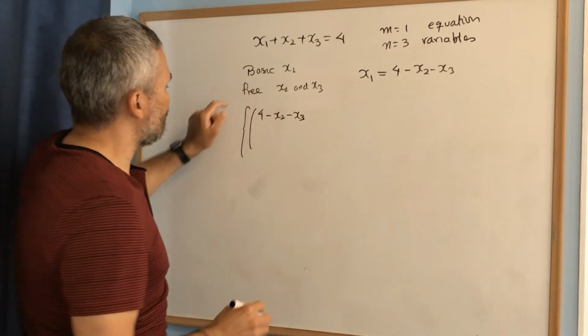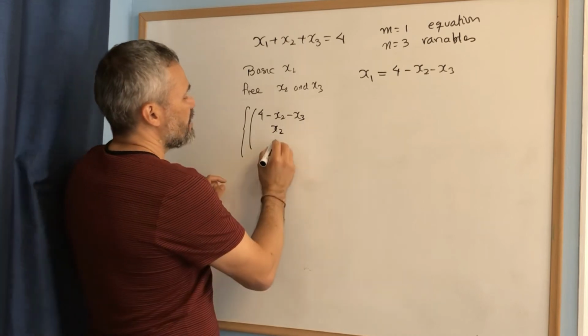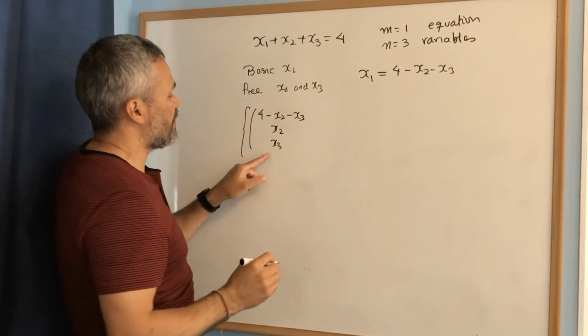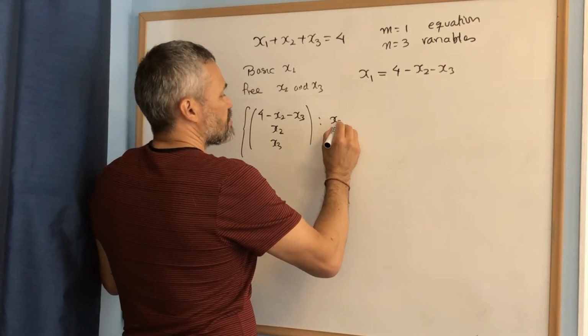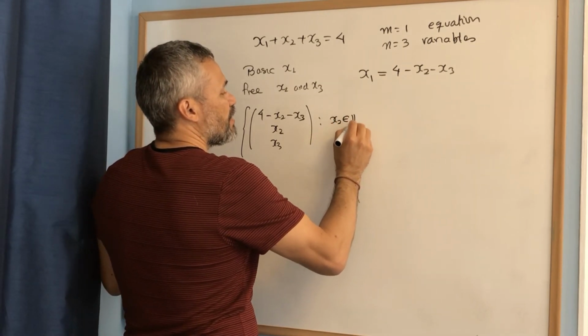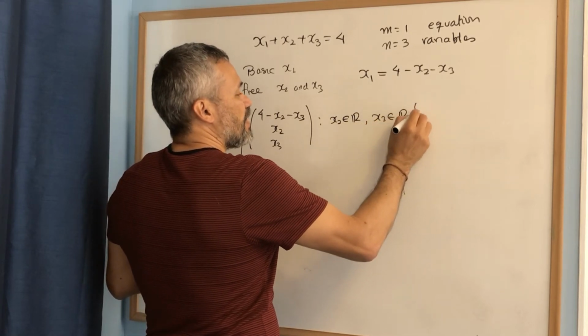And here, instead of x2, we write x2 because x2 is free. Instead of x3, we write x3 because x3 is free. And then such that x2 is a real number and x3 is a real number.